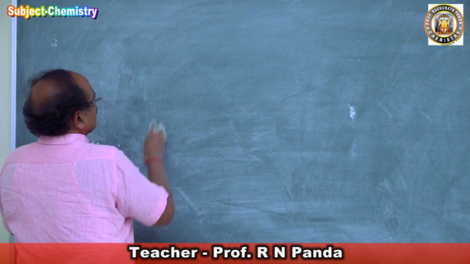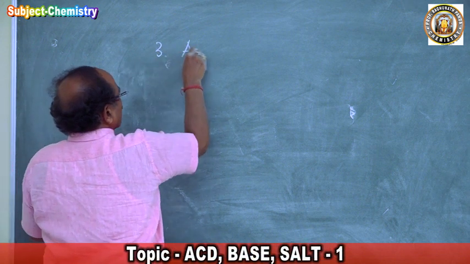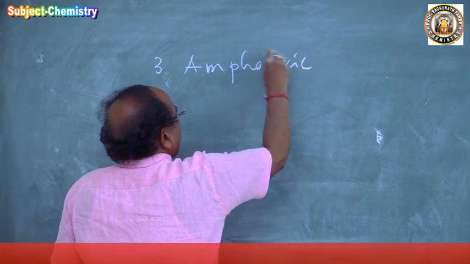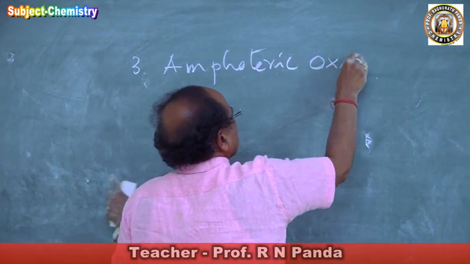Now let's come to the third type of oxides, amphoteric oxides.